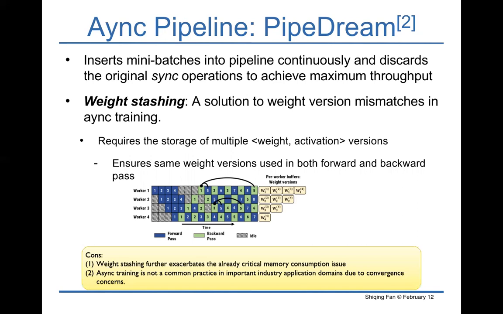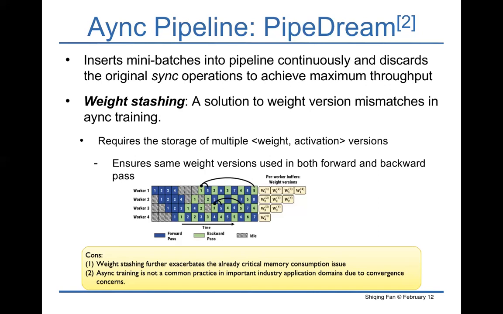While PipeDream made progress in improving the time to accuracy for some benchmarks with async pipeline parallelism, async training is not a common practice in important industrial application domains due to convergence concerns. This is reflected in characterization studies of widely diverse and fast-evolving workloads in industrial-scale clusters.